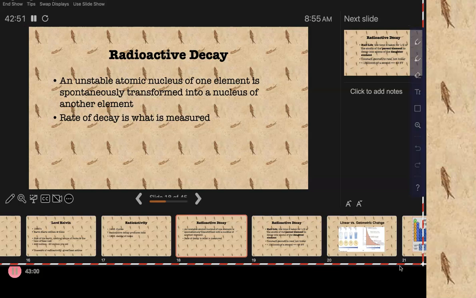Or let's just say we're looking at uranium, which decays to lead. So we're going to look at the total amount of uranium, total amount of lead, do some relatively simple math once you measure all that stuff. Do a little math and say, okay, this has been decaying for X number of years. Therefore, this rock is that old.